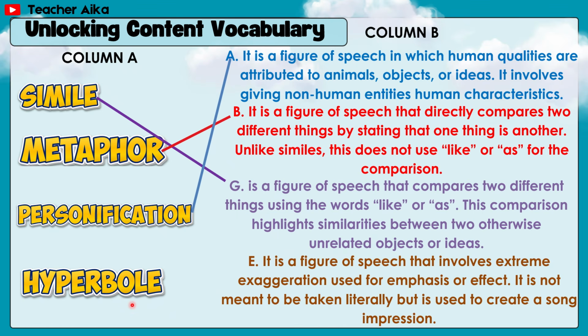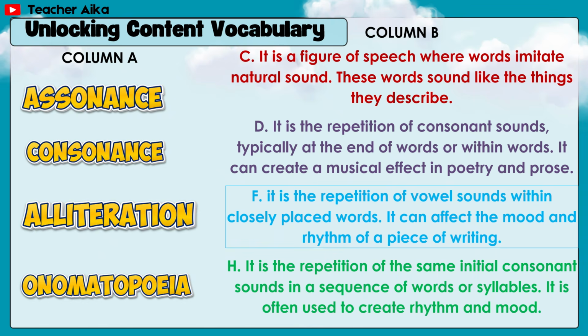Fourth, hyperbole. Answer E. It is a figure of speech that involves extreme exaggeration used for emphasis or effect. It is not meant to be taken literally but is used to create a strong impression. Fifth, assonance.